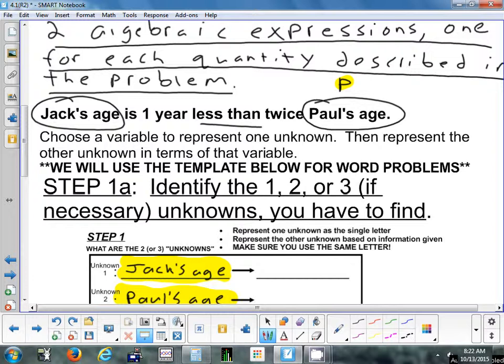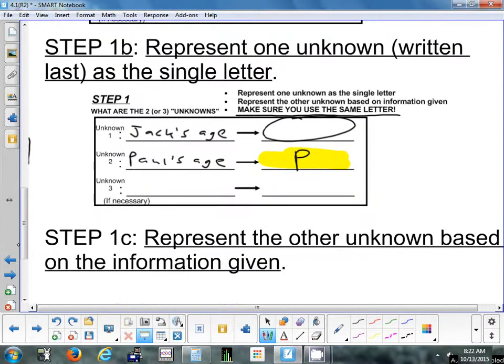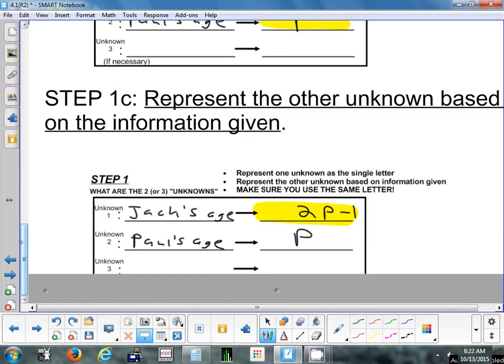But be careful with less than. Victor, you think you know it? 2p minus 1. Nice. 2p, that's twice Paul's age. And when you see less than, what's at the beginning comes at the end. So 2p minus 1.